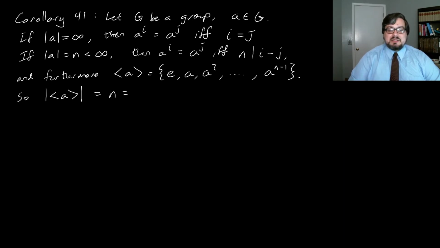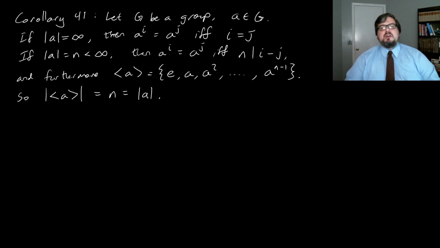We have n elements in this set, which is also the order of A. So we've mentioned this a couple times, that the order of an element and the order of the cyclic subgroup generated by that element are the same. And this is the corollary we would cite if we needed to for that.